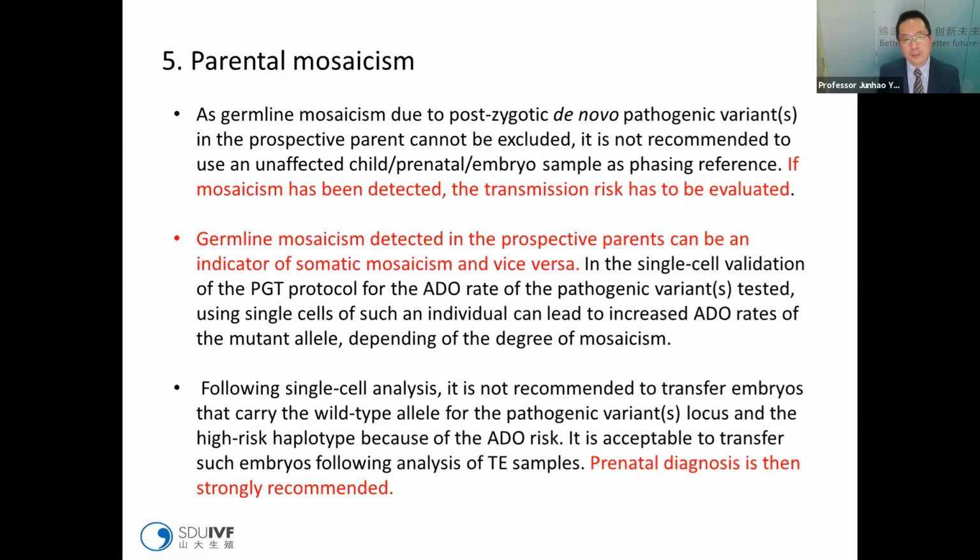So following single cell analysis, it is not recommended to transfer embryos that carry the wild type allele for the pathogenic variant locus and the high-risk haplotype because of the ADO risk. It is acceptable to transfer such embryos following analysis of TE samples. Of course, prenatal diagnosis is always strongly recommended.